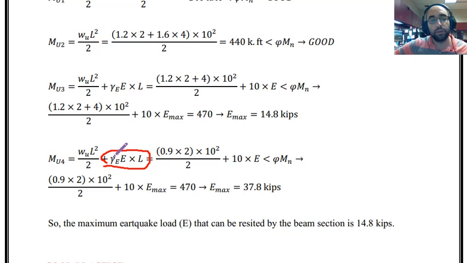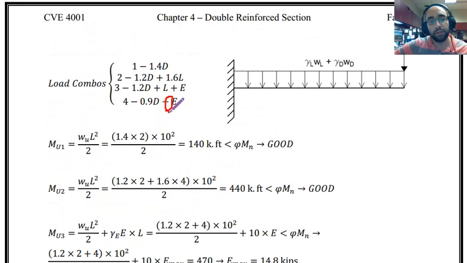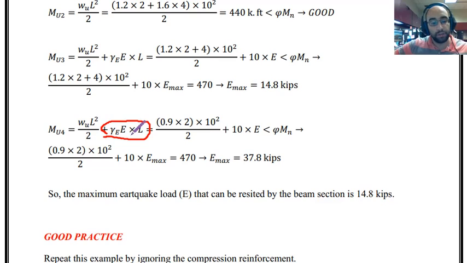The load factor gamma E, the load factor for earthquake, is equal to 1. As you can see, it is 1. We have no load factor, so that is 1. That is why, similar to the previous load combination, that is equal to 1. And L is equal to 10 feet, so that 10 feet is over here.